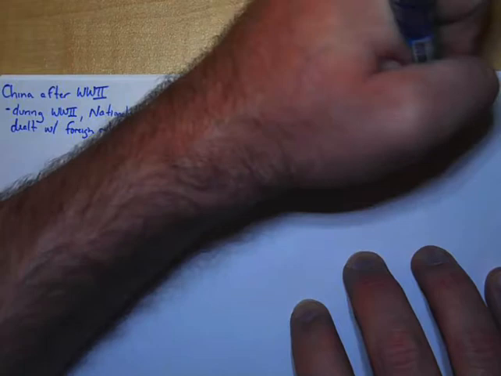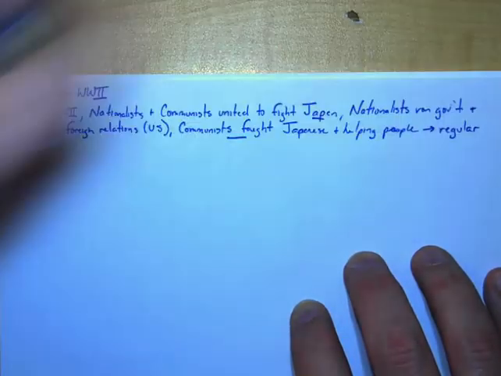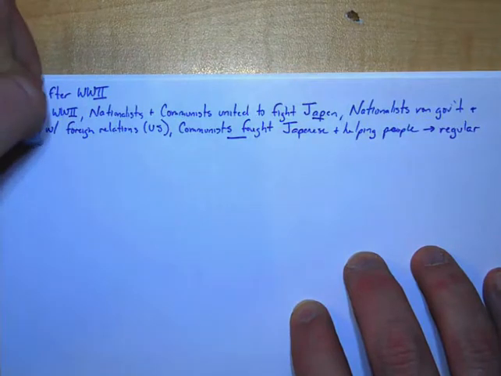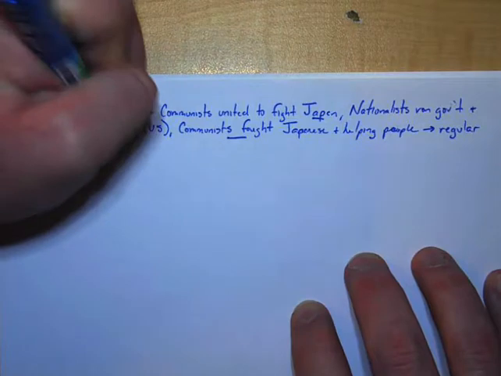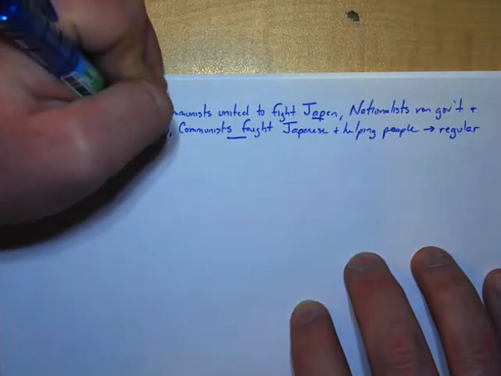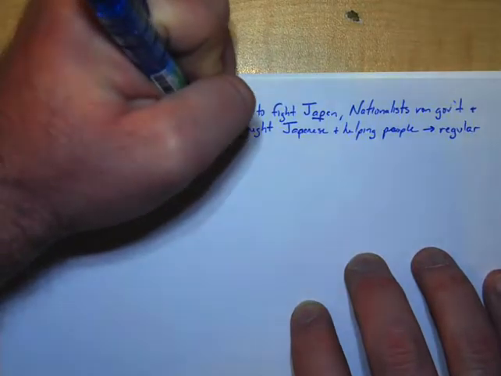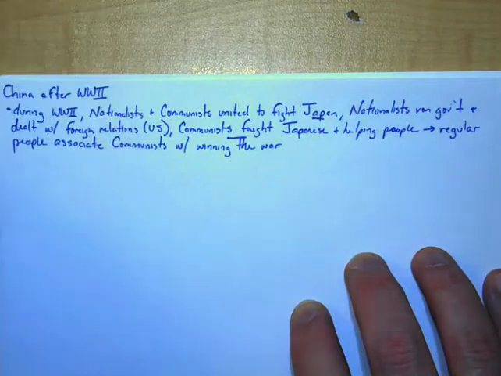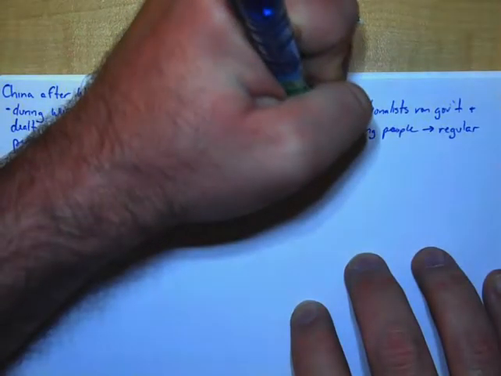And so what ends up happening is that the regular people associate the communists with winning the war. And they're seen as successful and helpful. And the nationalists were seen as like hiding in offices.